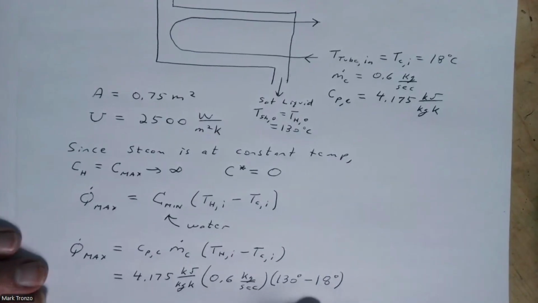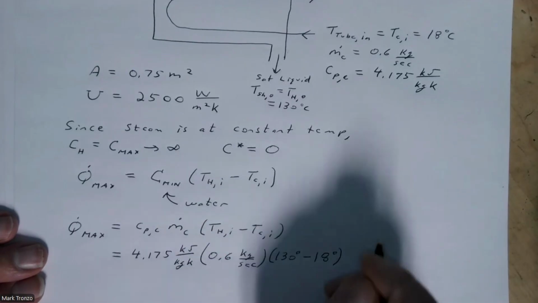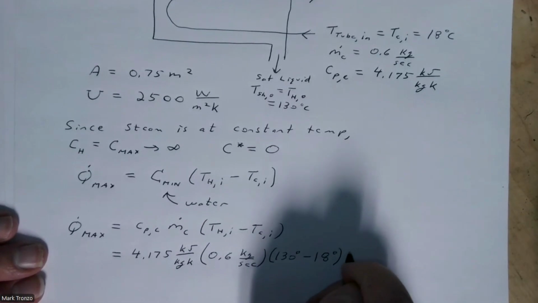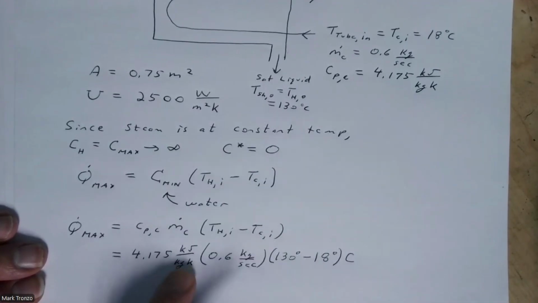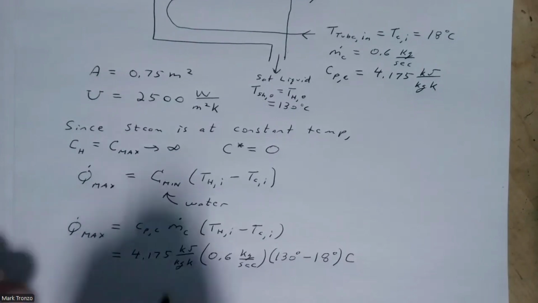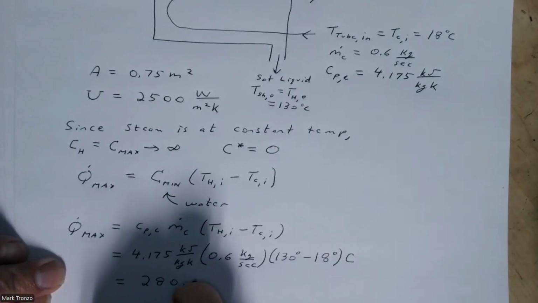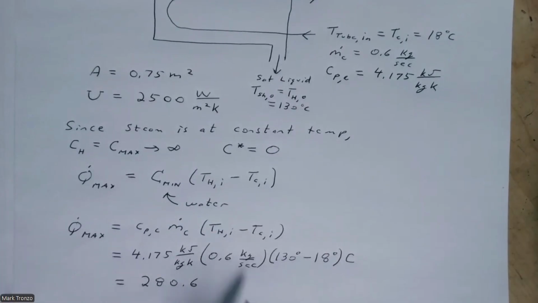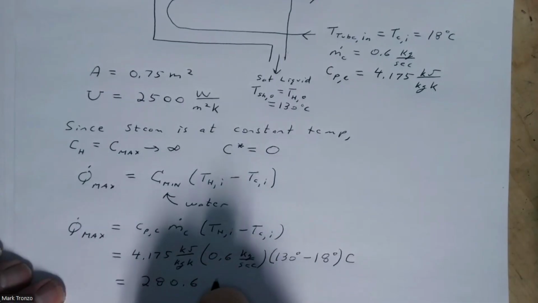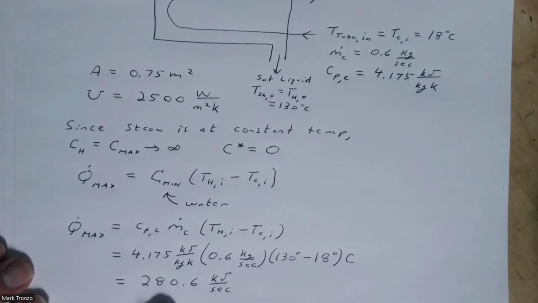And again, the difference is the same whether it's degree K or degree C. So since that difference is going to be the same, you can call it C or K. Maybe I'll call it C, but just remember it's a difference. And so we'll put this in our calculator, and the number I got is 280.6. And let's check our units. Kilograms cancel, K's cancel, so it's going to be kilojoules per second, which is what we would expect for heat transfer.